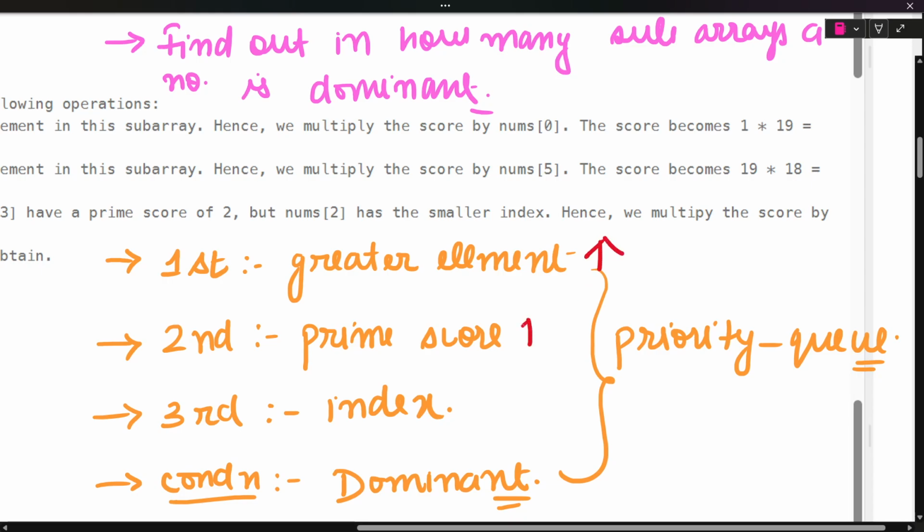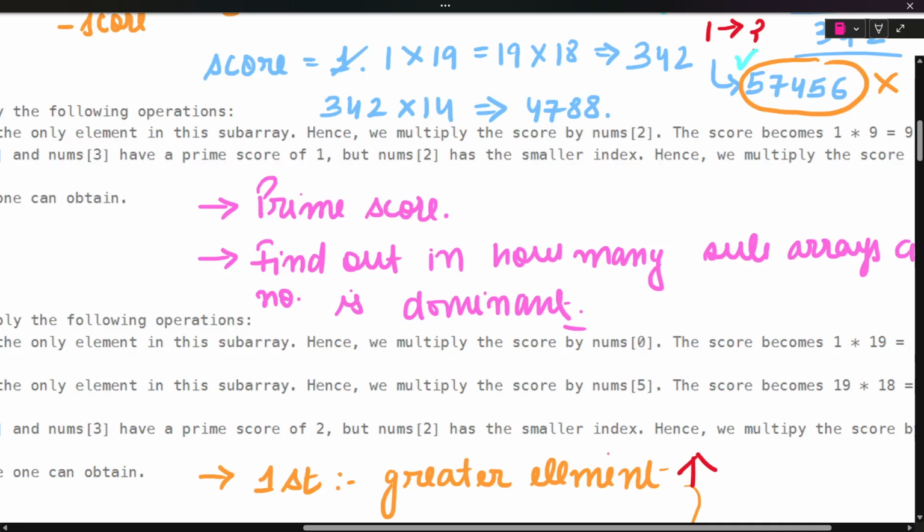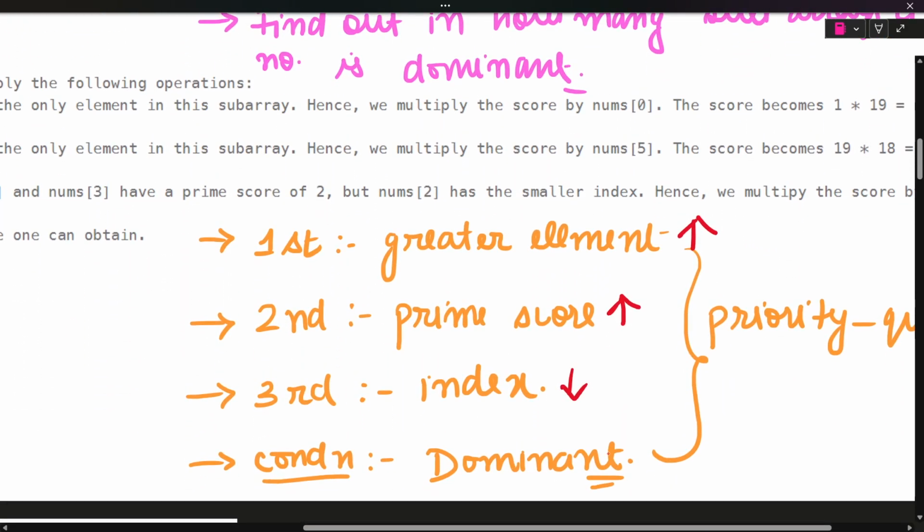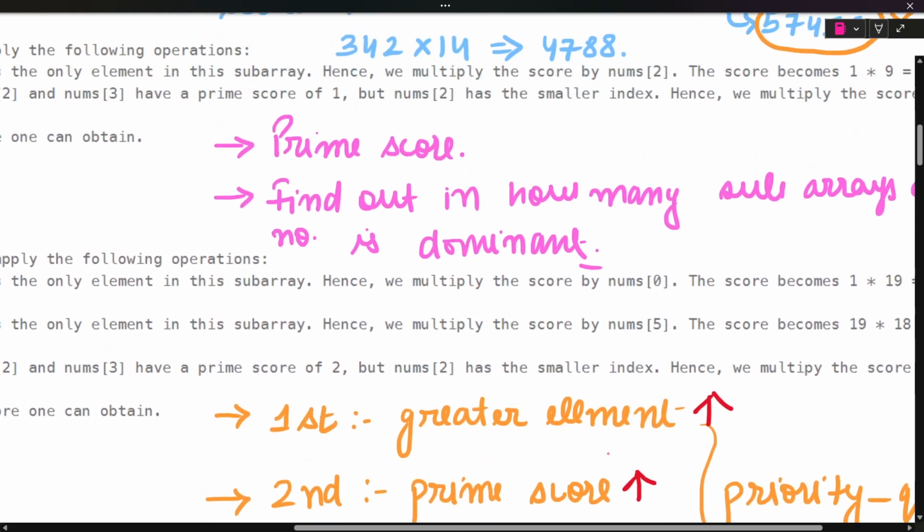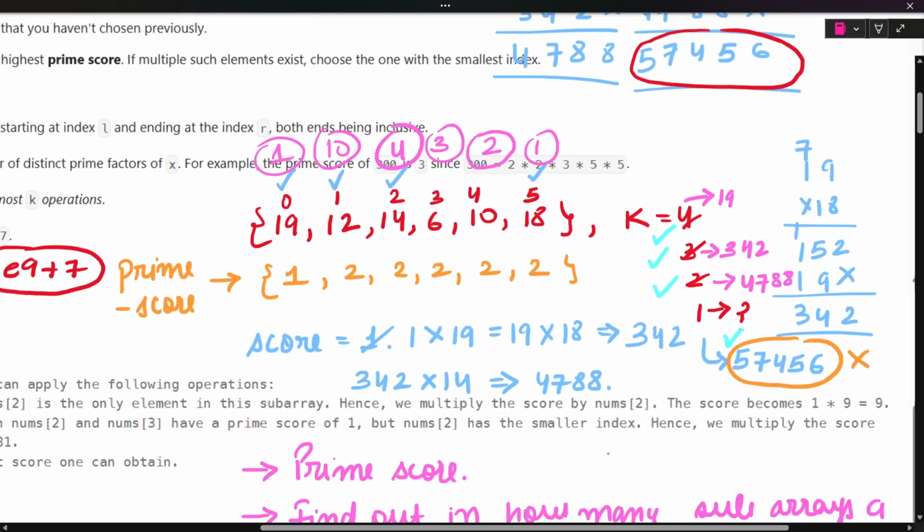The primary score should also be maximum. The index should be minimum. Dominance doesn't matter for the ordering, but it does matter for how many times you can choose a number.